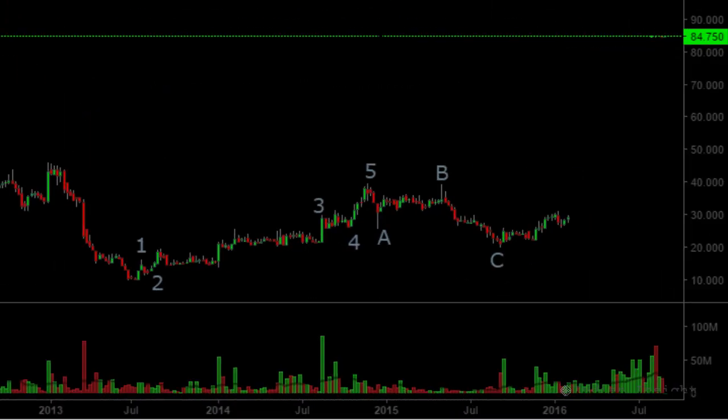The next chart is of a gold loan company that had been in a deep correction for quite some time. In the second half of 2015, it was down by over 80% from its peak price, but it was exhibiting a very basic wave pattern, which is shown by the labeling here.